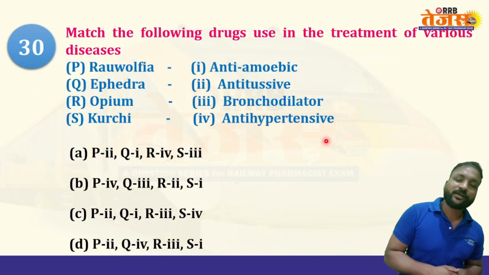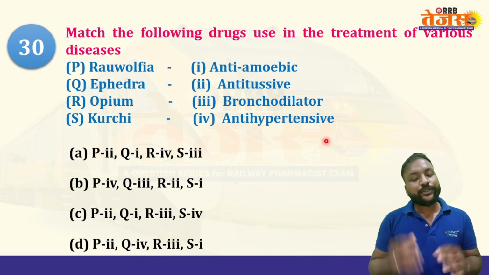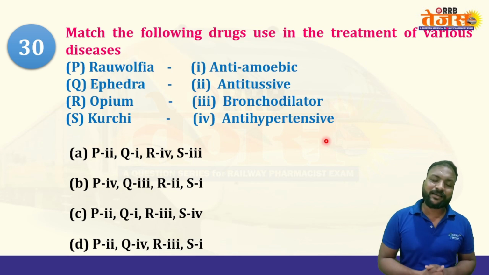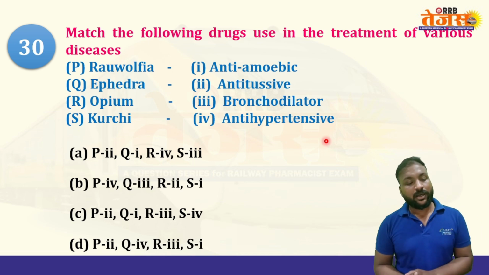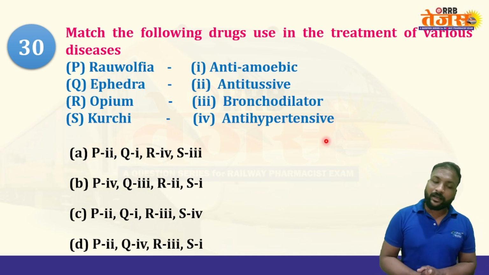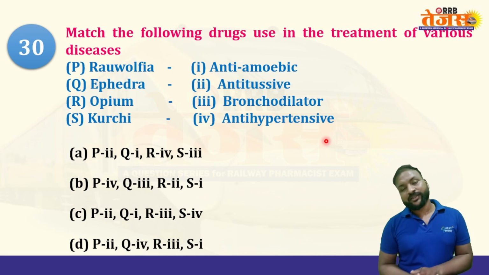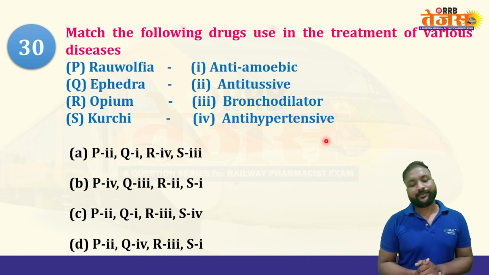It's time to end the session, but we need to complete this one. Match the following drugs used in the treatment of various diseases. They give an example of a drug and ask what medicinal property it has. First option, Rauwolfia, and other options: anti-amoebic, antitussive, bronchodilator, antihypertensive.